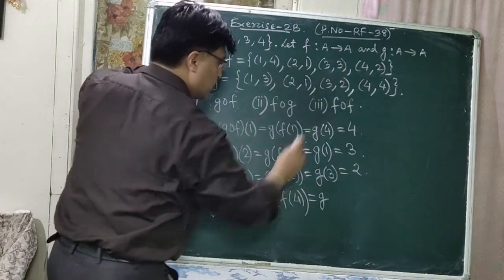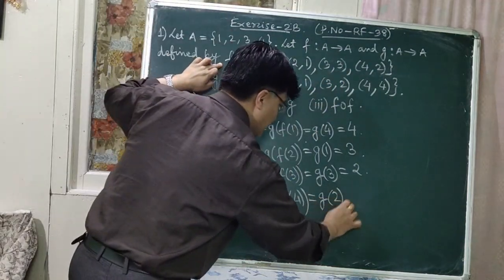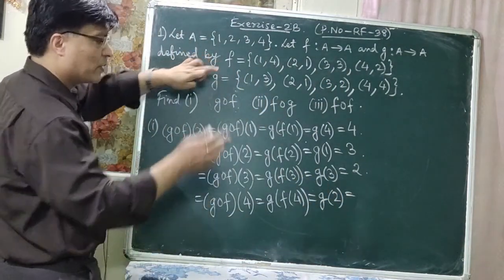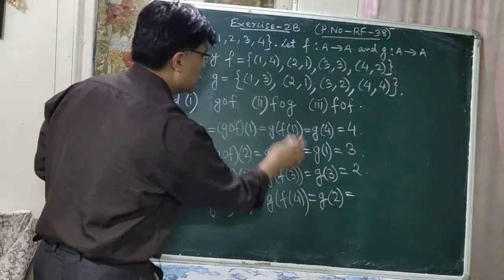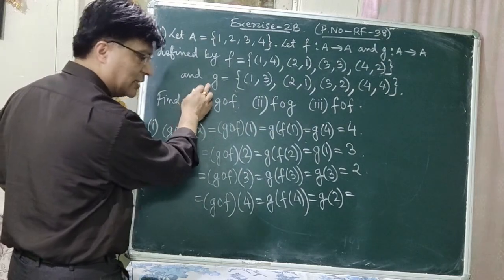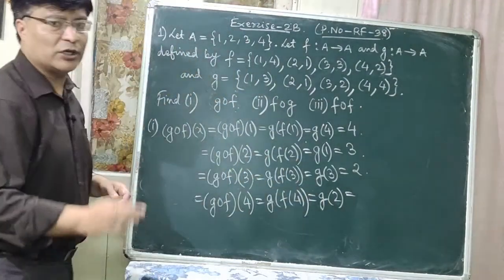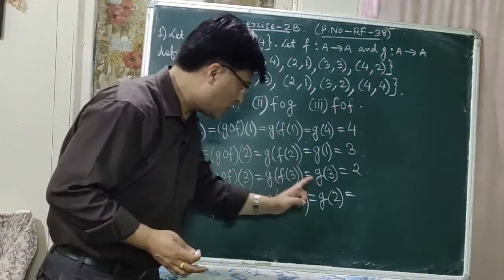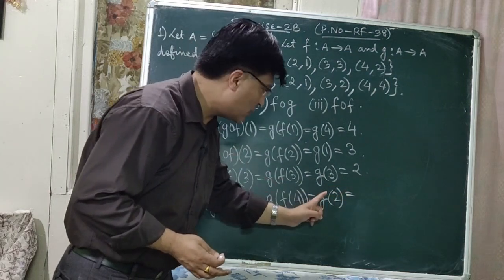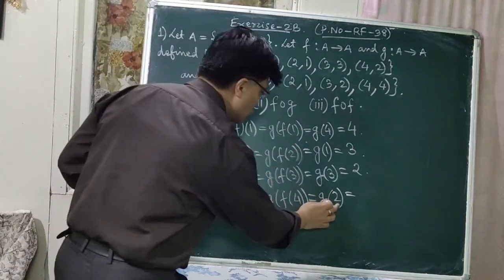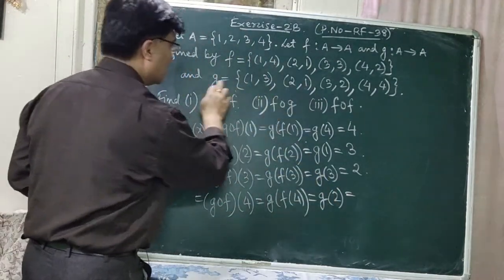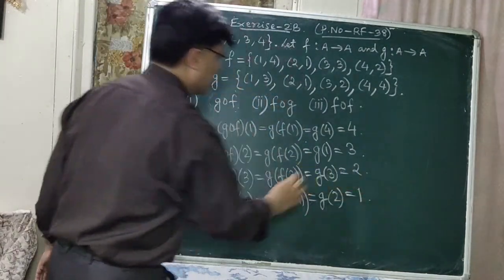So f of 4 is 2 in this case. Then g of 2, where 2 is related with 1 under g. What is g of 2? To which element does this 2 relate under g? This 2 relates with 1 under g. So its value is 1.